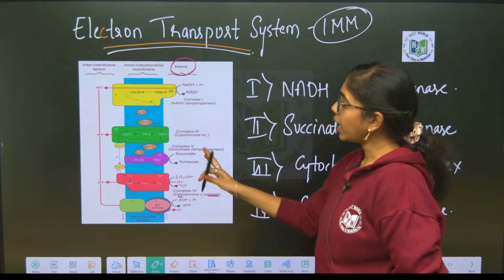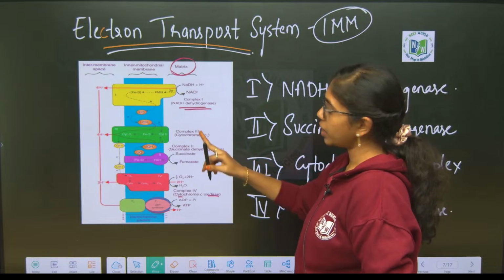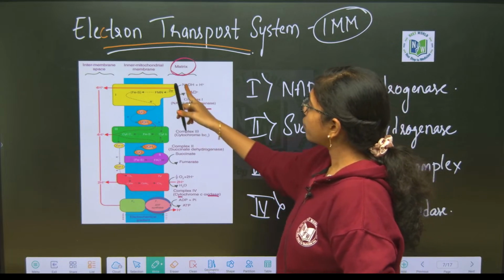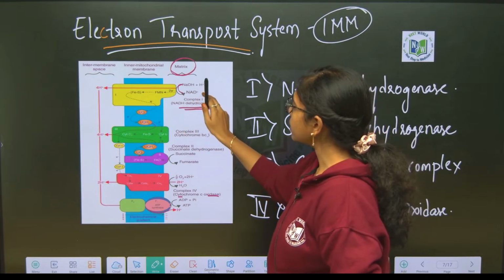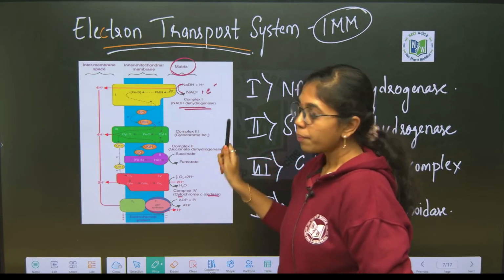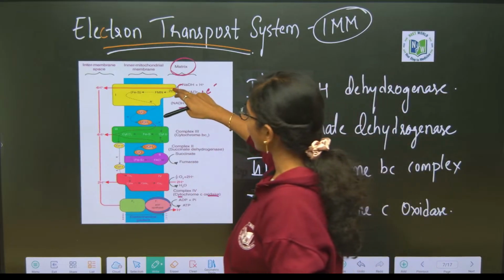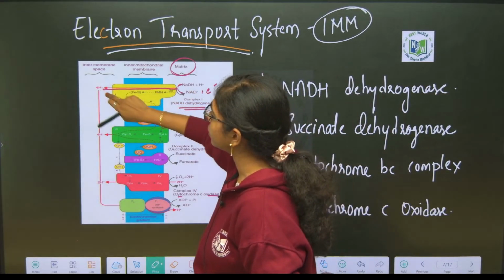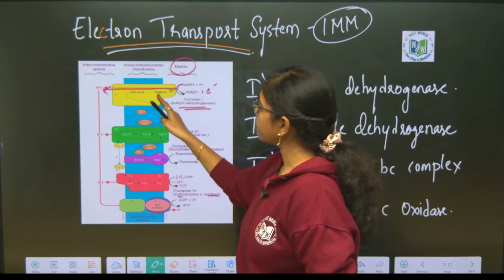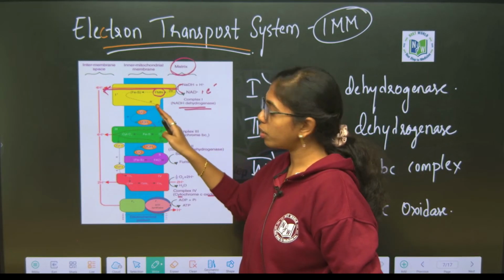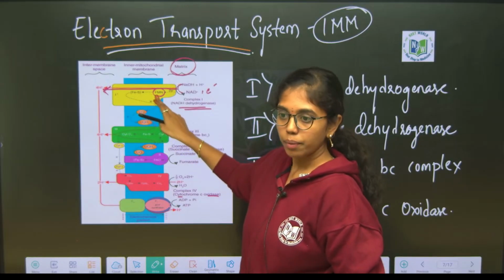Fine. So, here if you see complex 1, NADH dehydrogenase, what does this do? It will oxidize NADH to NAD plus, H plus and electrons. Okay. 4 protons will travel from the mitochondrial matrix directly to the intermembrane space, whereas 2 electrons will be accepted by flavin mononucleotide, that is FMN protein molecule.